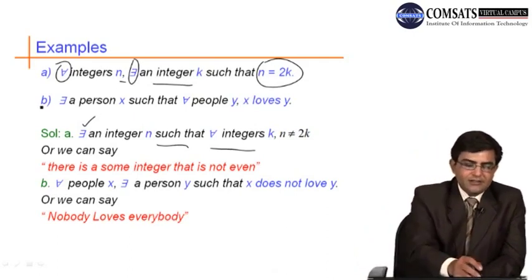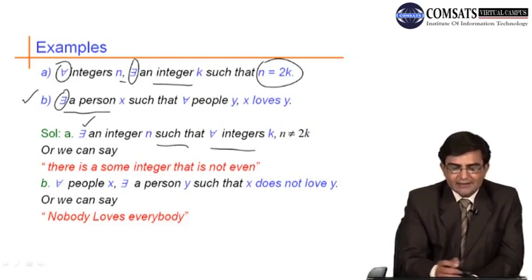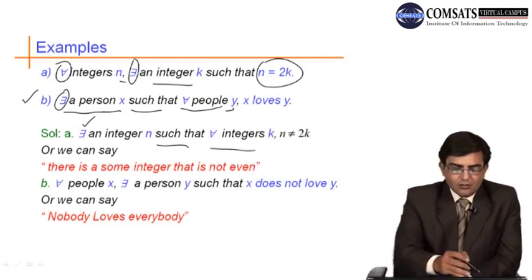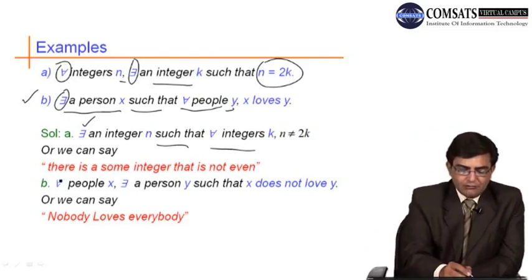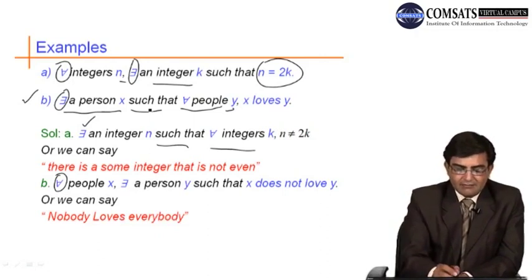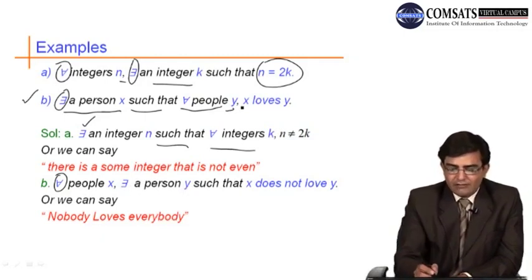Another example, this. Here we have the existential quantifier: there is a person x such that for all people y, x loves y. So how to negate it? We negate there exists into for all people x, such that will be converted to a comma, for all people y will be converted to there is a person y, and the comma will be converted to such that x loves y.